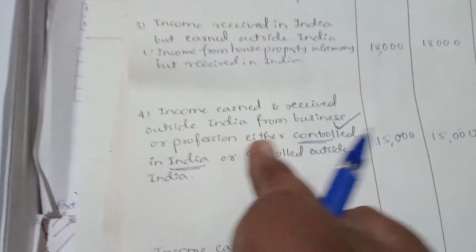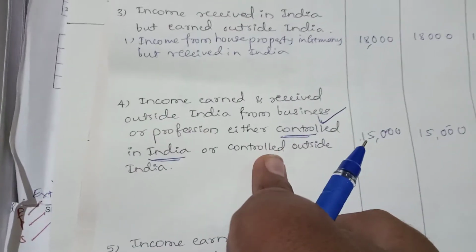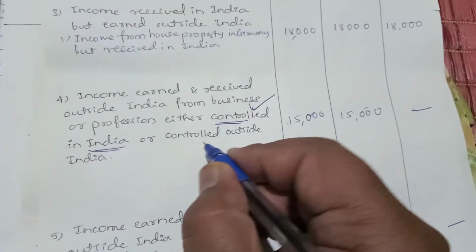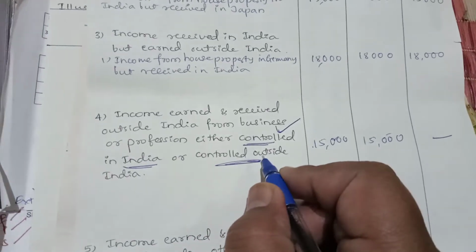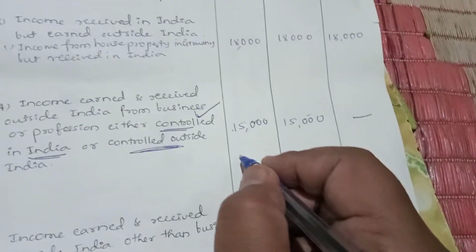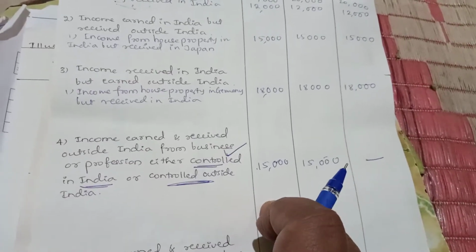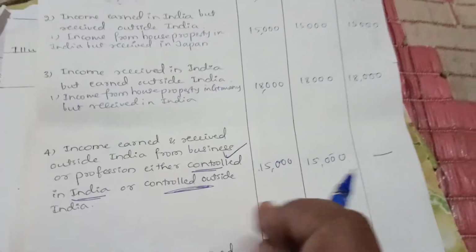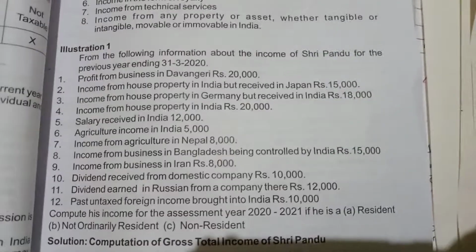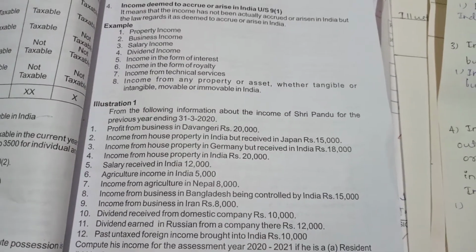They have not said that business is going to be controlled. That is why when it is the case of controlled outside India, it assumes controlled outside India only, in respect of first column, ordinarily resident, it is going to be taxed. So for the last entry that I have not entered, that was for the 15,000, I am supposed to write the entry income from business in Bangladesh.